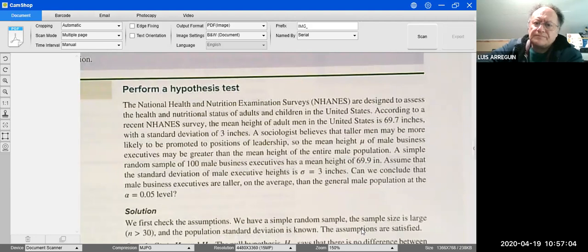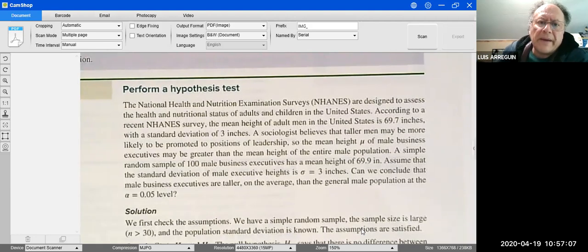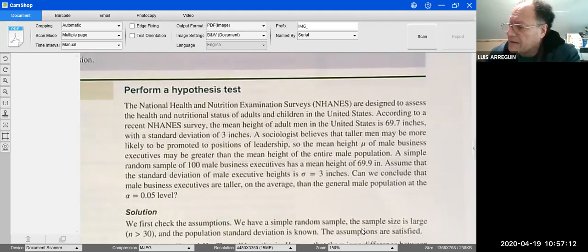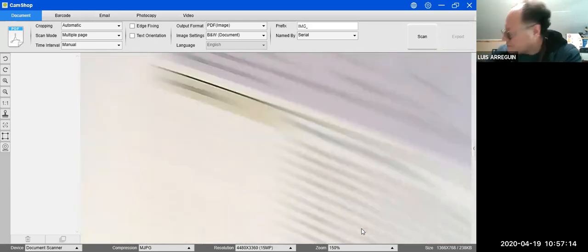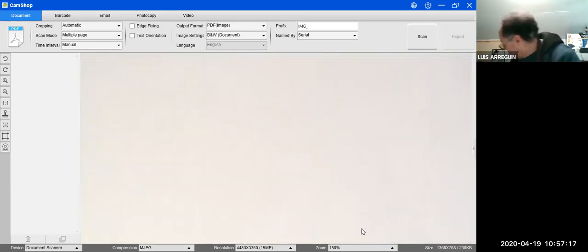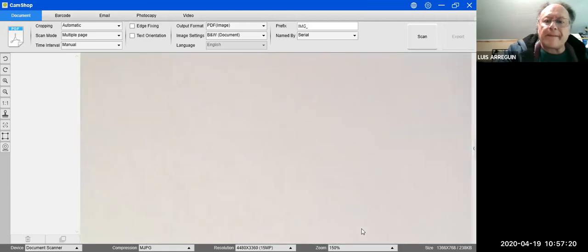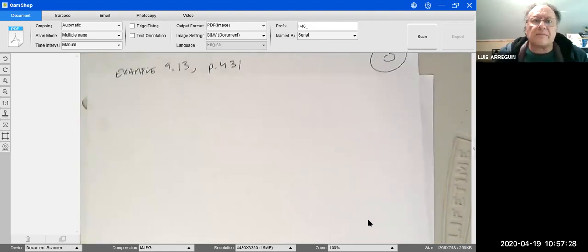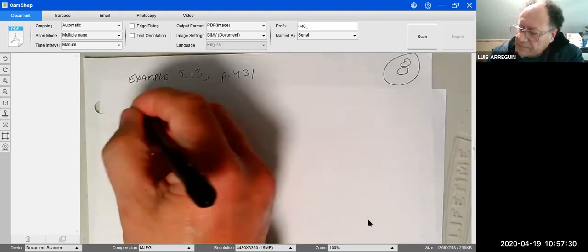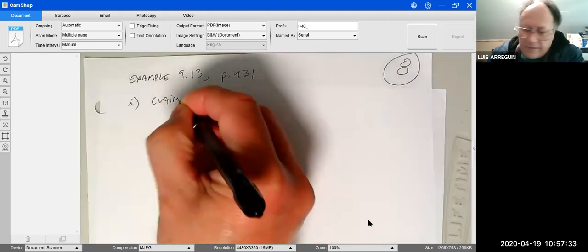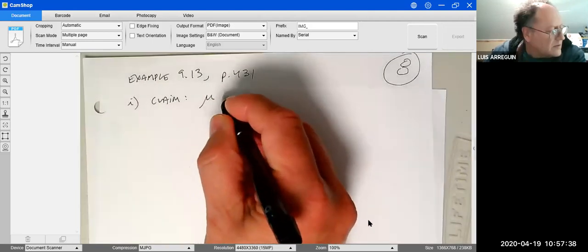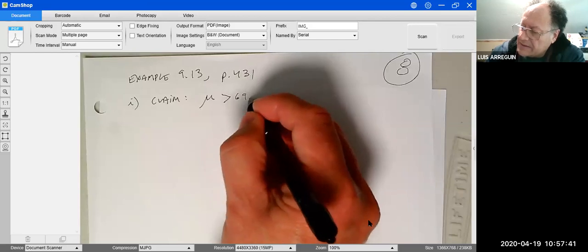So that's the problem. We have one population of men, and we are trying to see whether a sample is from the same population or maybe a different population. So let's work on this problem now. We have to write for our notes first the claim. The claim is that the mean of heights is going to be greater than 69.7.